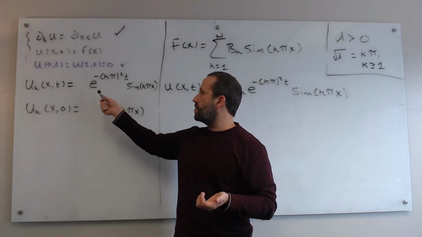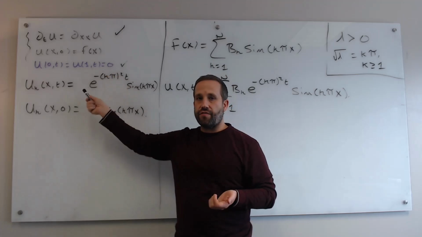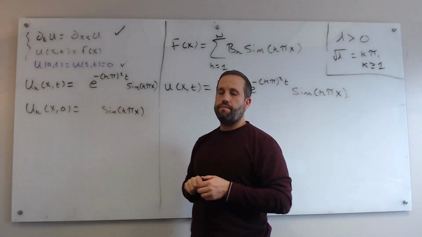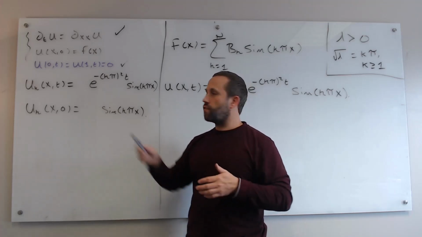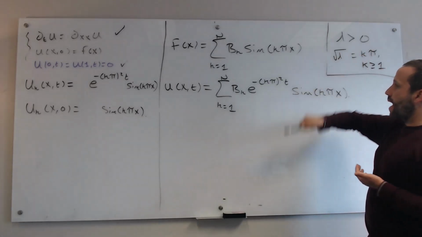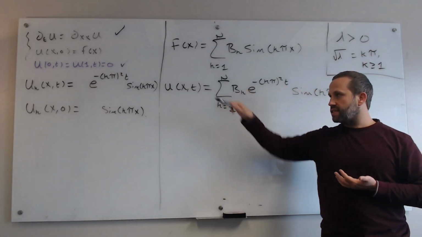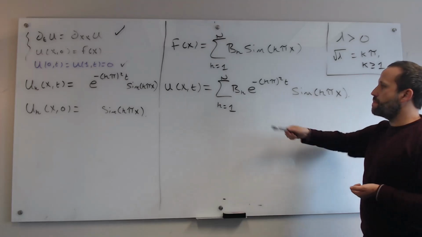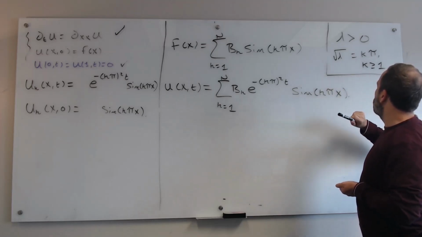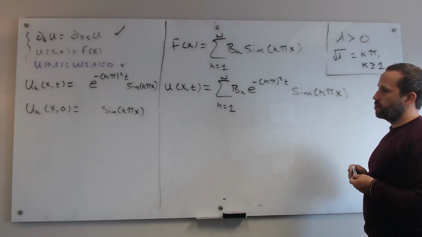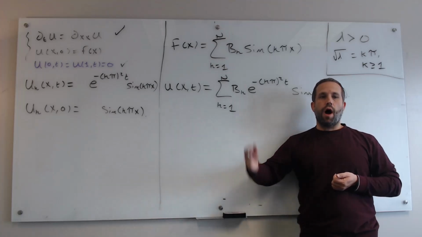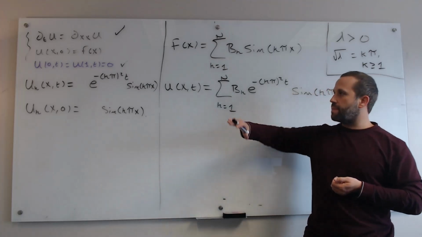One, the t equation, we called the h function, and the x equation was the phi function. These are the things that we figured out were solutions. For every k, we get a different solution, and this is based on the fact that the lambda that we had when we did this method has to be positive, and the boundary conditions say that in addition, the square root of lambda has to be of the form k pi for k greater than or equal to 1. This is what we have so far. As we go on, this will start to make a little more sense, but this is the basic outline.